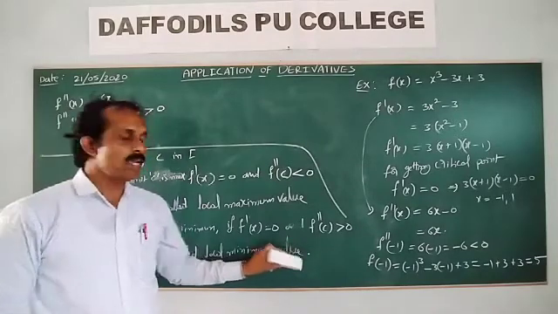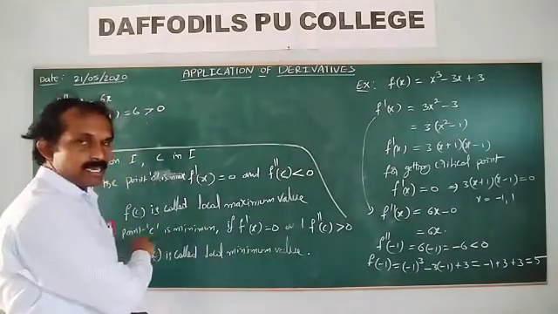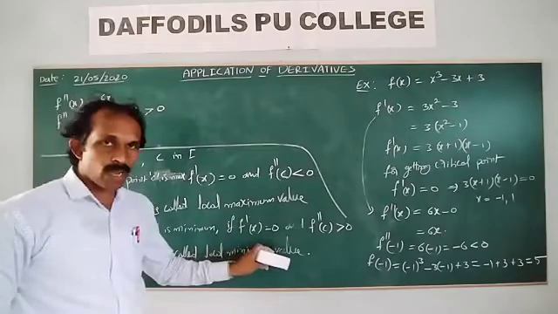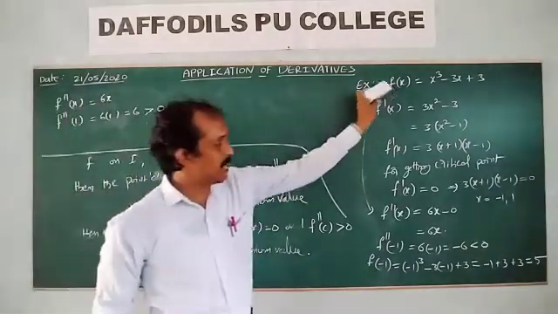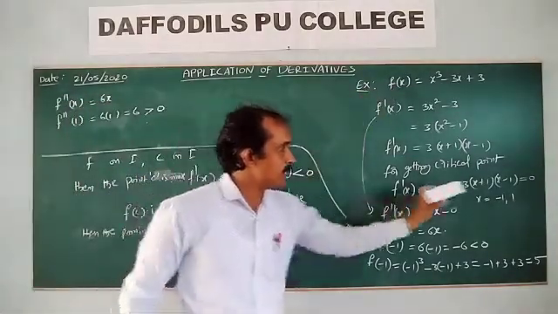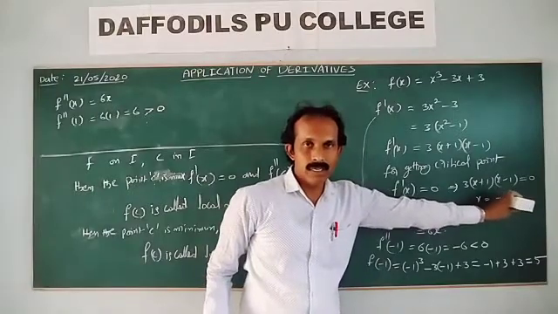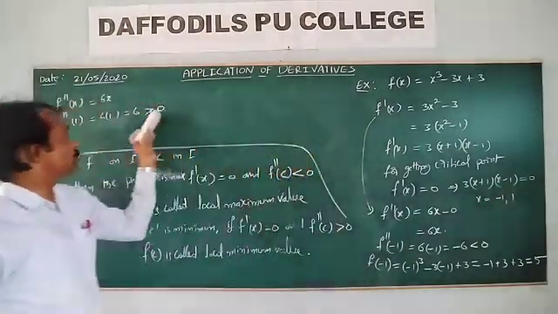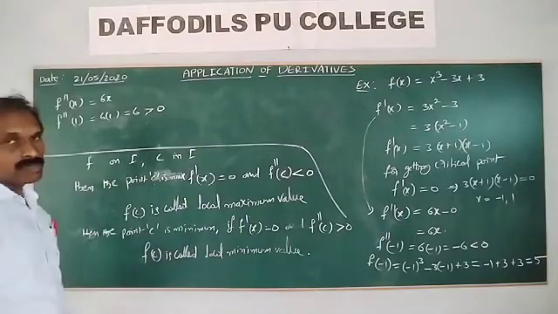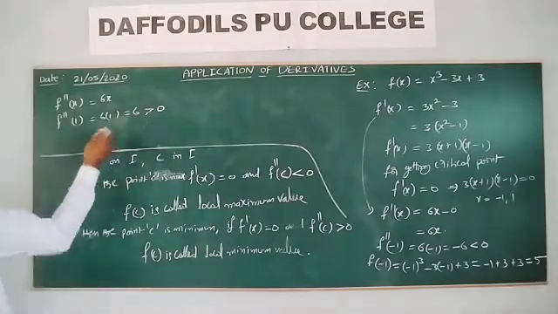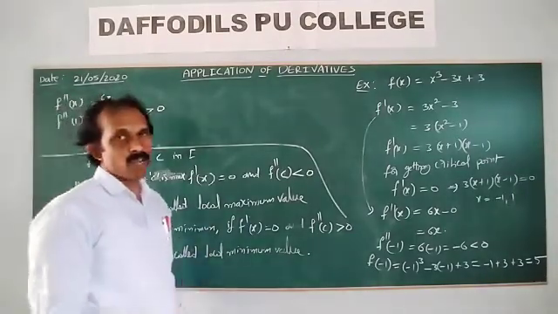So f has a local minimum value at 1. We decide this by using the second derivative test. Okay, what is the local minimum value?